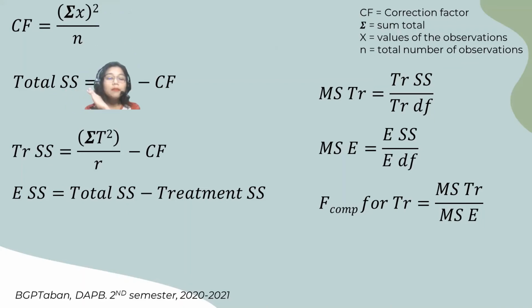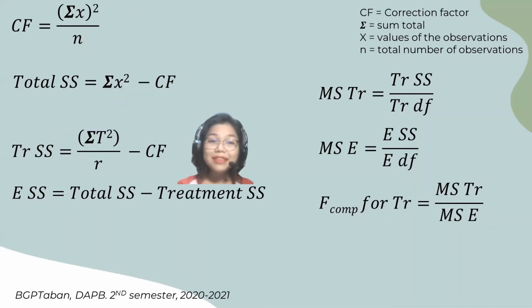For the total sum of squares, we just subtract the correction factor from the sum of squares. Take note, if our summation of x is wrong, our square of a sum is wrong, and our total number of observations is wrong too. The CF will be wrong, so everything else is wrong, because it all stems from the CF. The CF also stems from the summation of x.